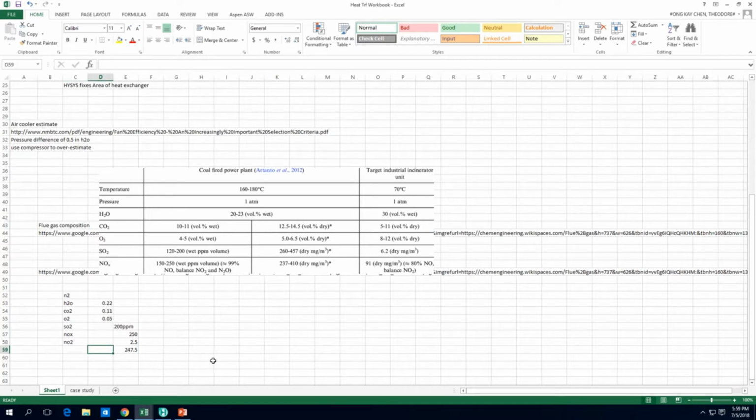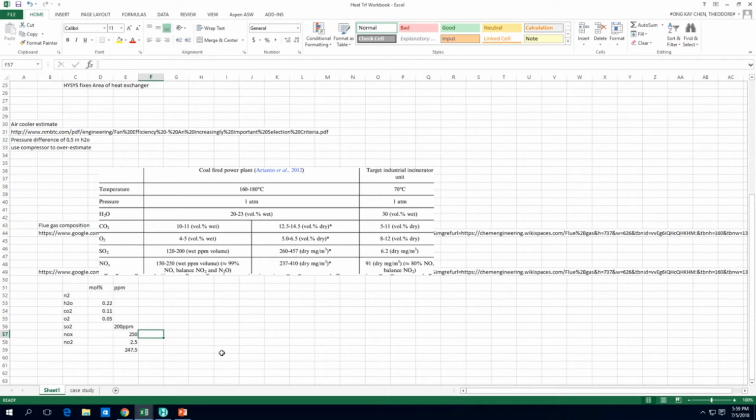How do we change it to mass percent or mole percent? Volume percent is quite similar to mole percent, so I'll just assume it's mole percent.